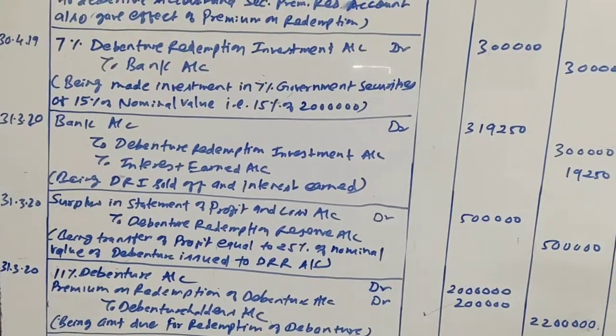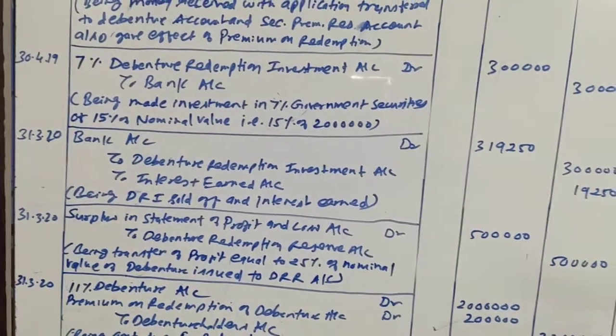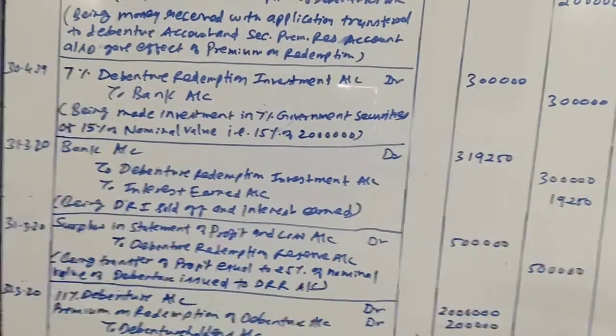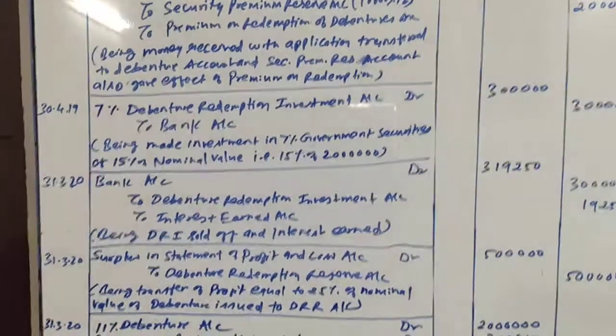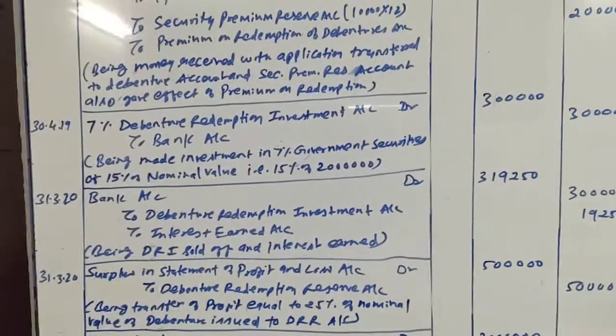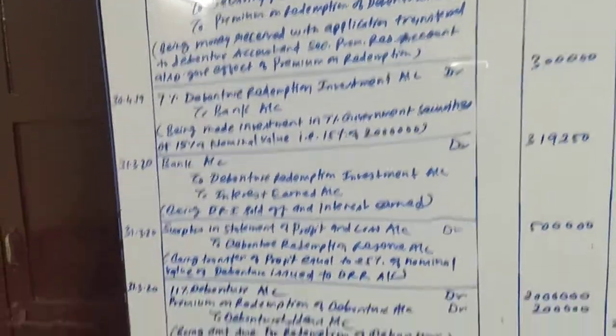Okay, so required formalities are done. Now we are capable of redeeming debentures, so we will pass the entry for redeeming them. Debentures are redeemed at premium, so debentures account will be debited, premium on redemption of debentures account will be debited, and debenture holders account will be credited.